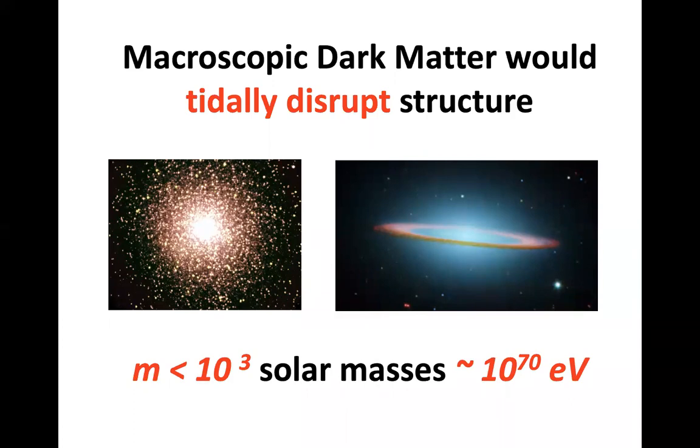And so, again, one can put in numbers and this is not a horribly complicated calculation, and you can convince yourself that the upper limit is about 1,000 solar masses or so in quite a model-independent way. And if you express this in the same units that we were using before, this means 10 to the 70 electron volts.